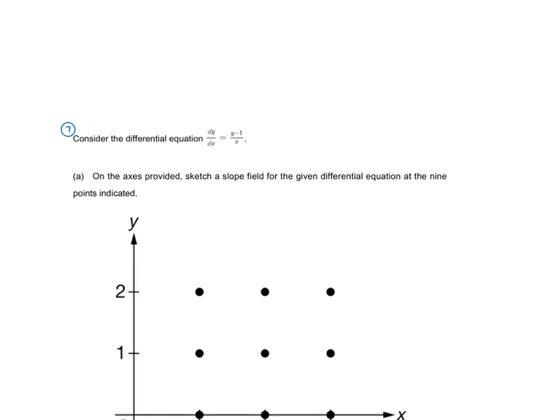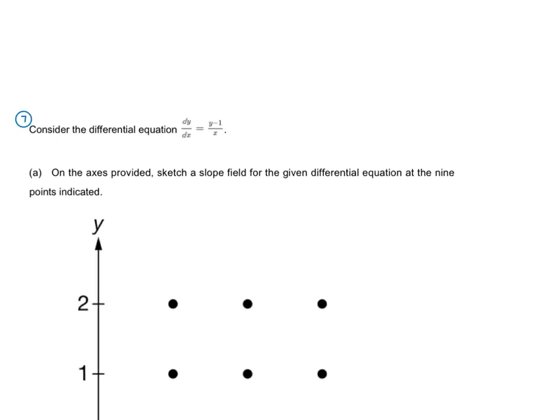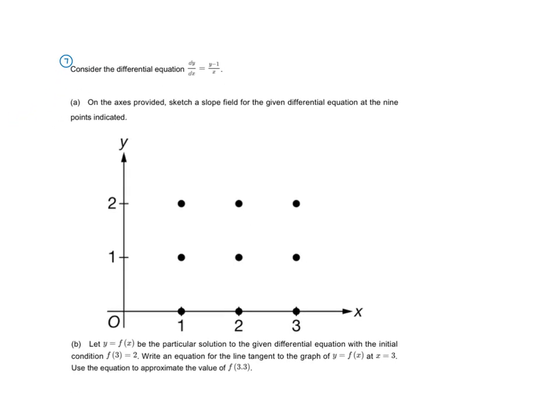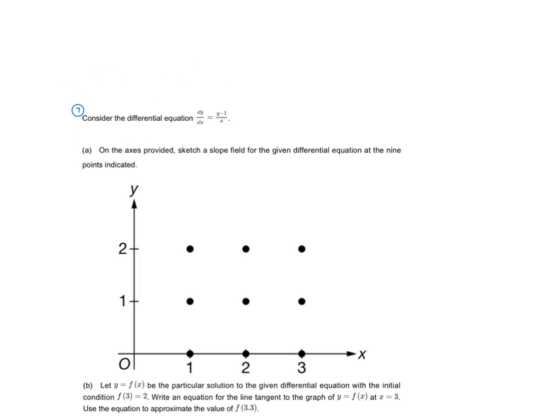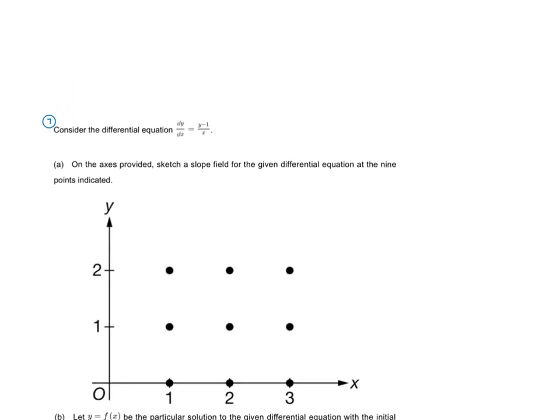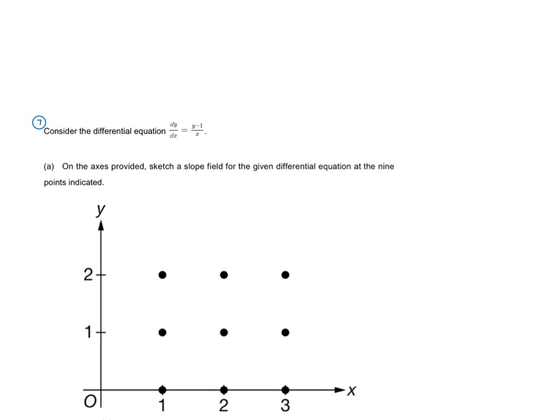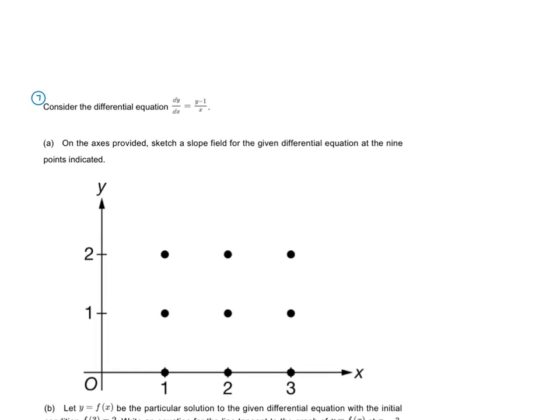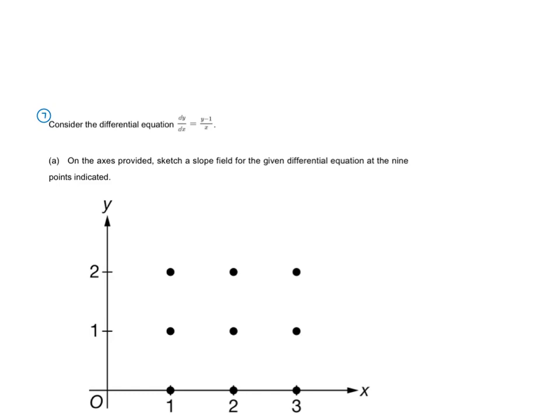Alright, so maybe I'll do this above here. So the points are 1, 0, 1, 1, 1, 2. Okay, so starts out with 1, starts out with 2, starts out with 3. Let's say you plug in 1, 1 into there, you get 0.